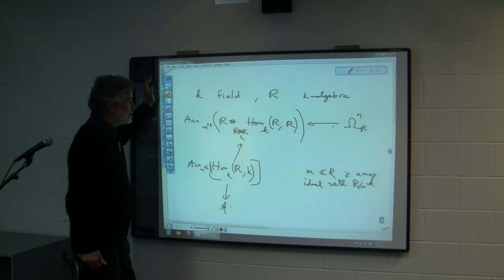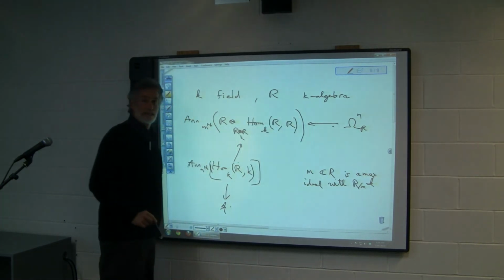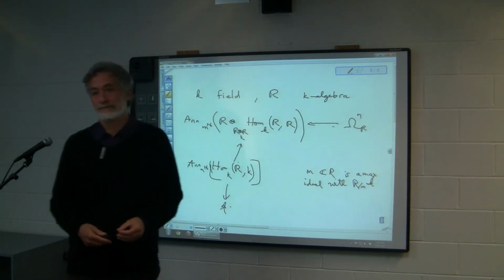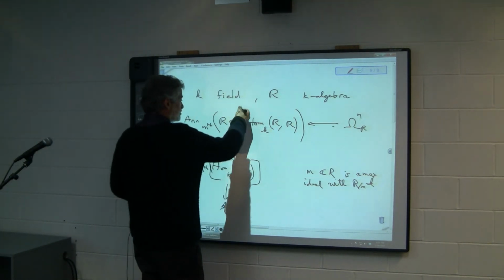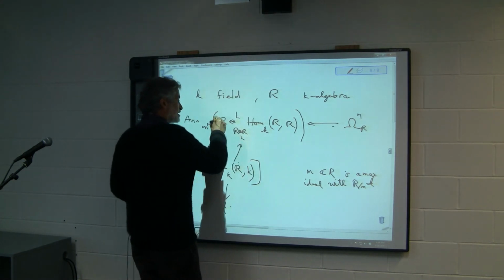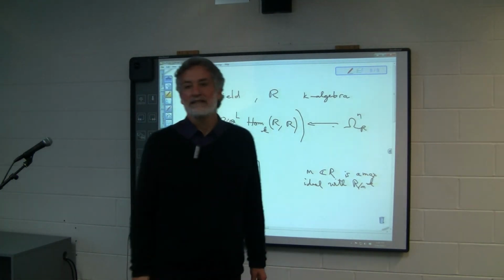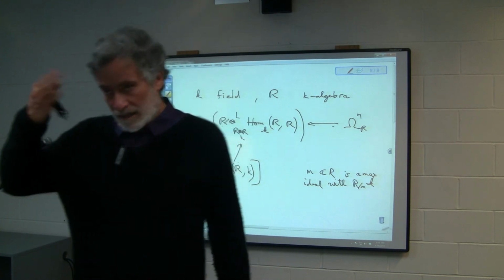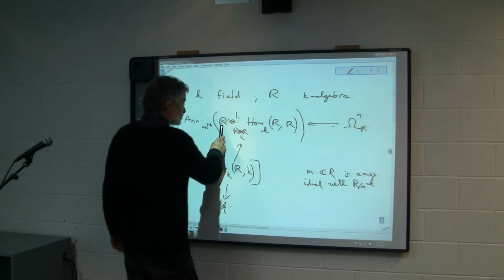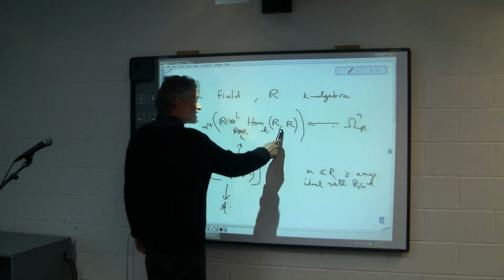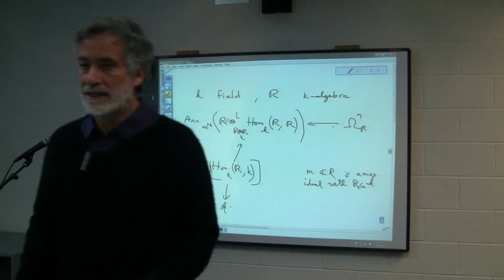So there are several miracles here. The first, for example, is that this is always a finite R module. The statement is even in the derived category. If you take the derived tensor product of this, the torsion, Tor n of this with that is always a finite R module, and it vanishes except in finitely many degrees.